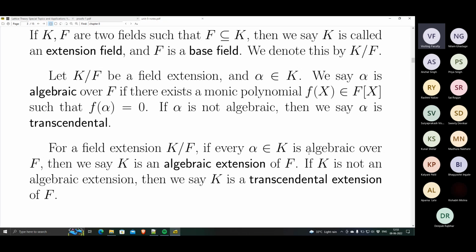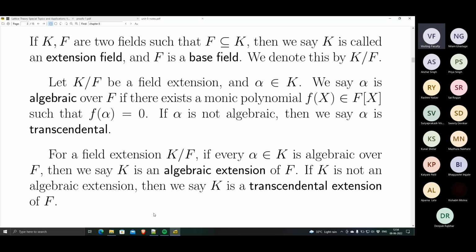And if this is not true, then we say it's a transcendental extension, which means if the extension field has at least one transcendental element, then we say it's a transcendental extension. Every element in the extension field need not be transcendental. Even if there is one transcendental element, we'll say that it's a transcendental extension. If you want it to be an algebraic extension, every element has to be algebraic.